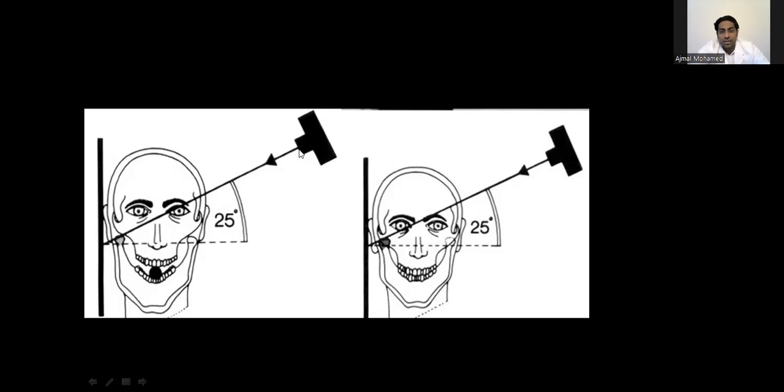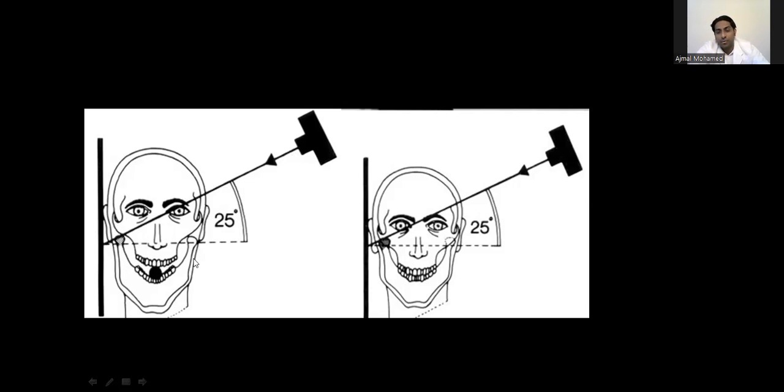The X-ray beam passes through the cranium above the petrous ridge of the temporal bone and hits the region of the TMJ, that means the lateral part of the condyle.